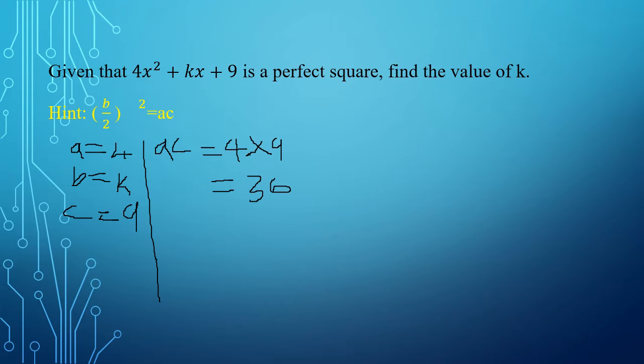Now, what about b over 2 squared? We have k over 2, squared. So make sure that b and 2 are within the bracket. According to our question, our b over 2 squared is k over 2, all squared.